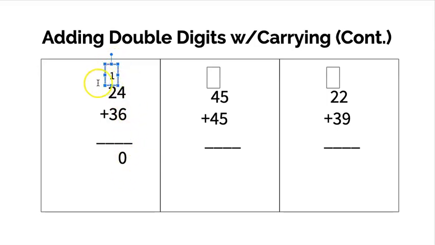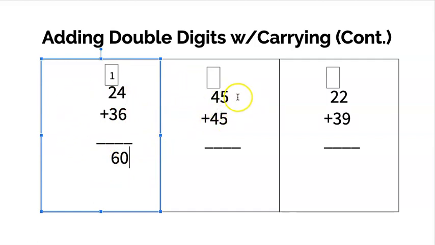You carry your 1 over to the tens. So you have 2 plus 1 is 3, plus 3 more is 6. So our final answer would be 60.